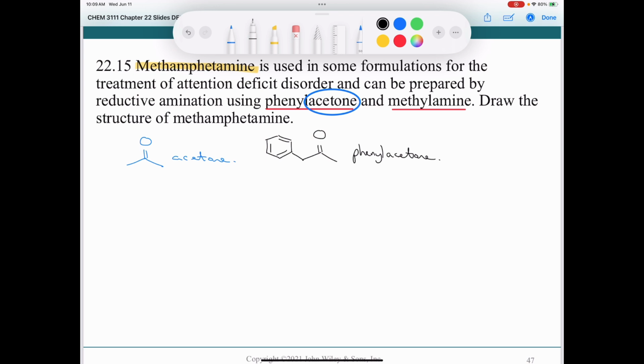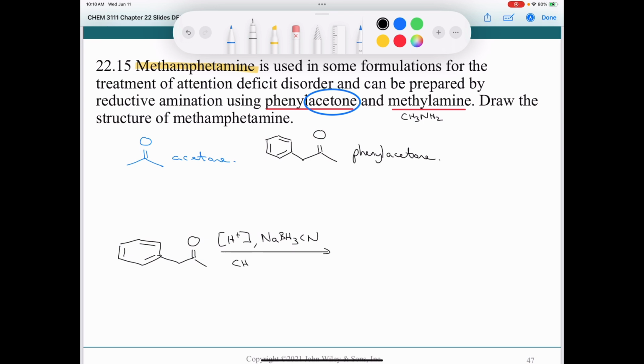So it says it's a reductive amination between phenylacetone, so that's our carbonyl, and methylamine. And methylamine is straightforward enough, right? Methylamine is just CH3NH2. And so we're going to use a catalytic amount of acid, our sodium cyanoborohydride, and our methylamine.